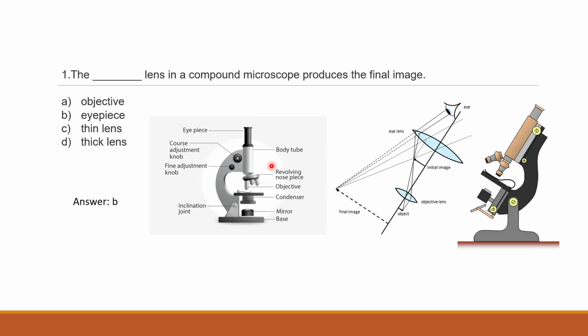Okay. So now let's see how the light passes through this, or how the image will form. So your object is here. You can see it is shown at an angle on your microscope. So this is your eye. Your eye will come here over your eyepiece, where you have your eye lens, and then you have your objective lens.